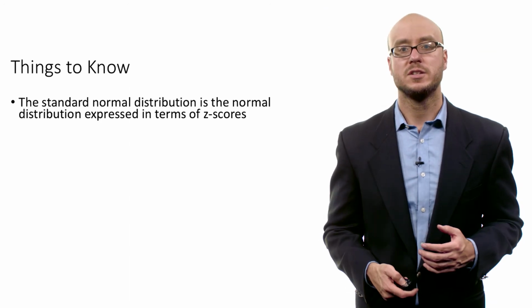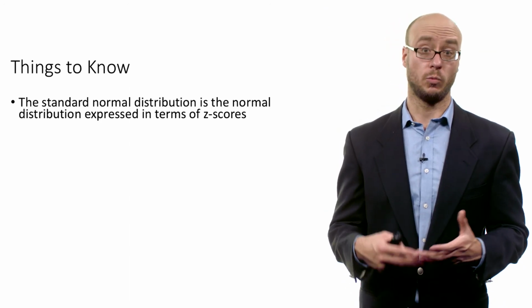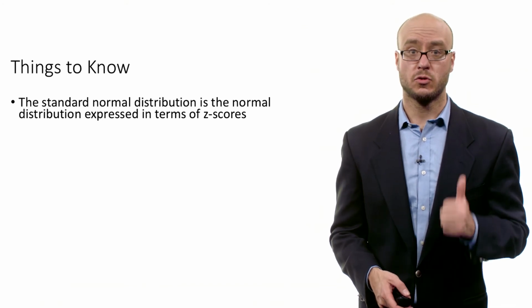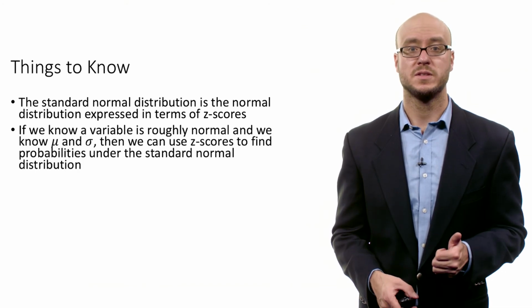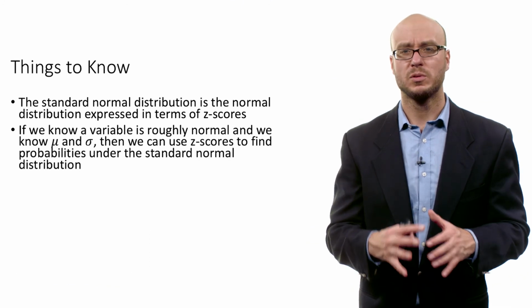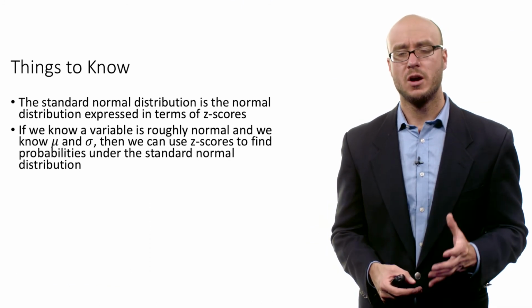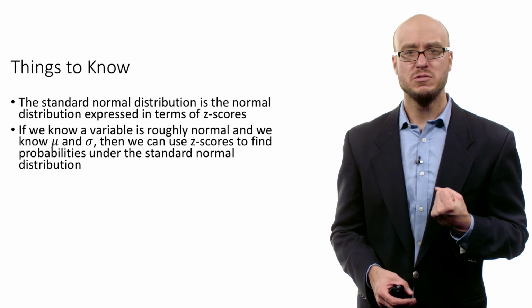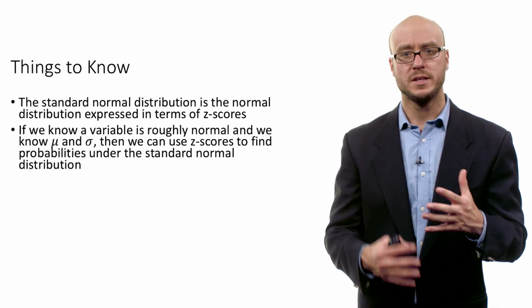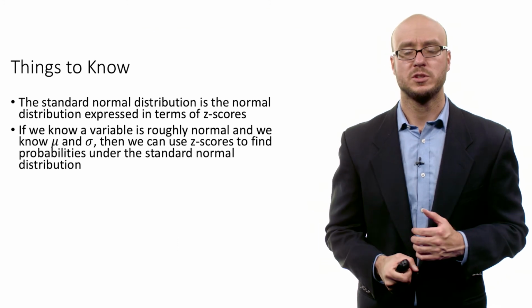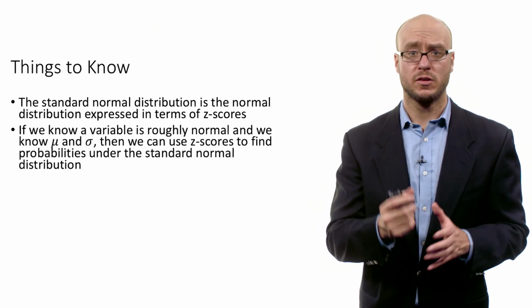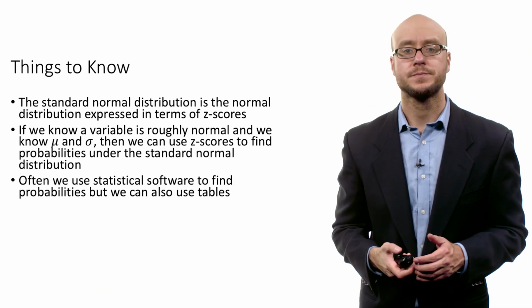So several things to know in terms of the standard normal distribution working with z-scores. Right? The standard normal distribution model is simply the normal distribution expressed in terms of z-scores. If we know a variable is roughly normal, and we know the value of the mean and the standard deviation, then we can use z-scores to find probabilities under the standard normal distribution. So we can find particular areas under that curve which are equivalent to probabilities.